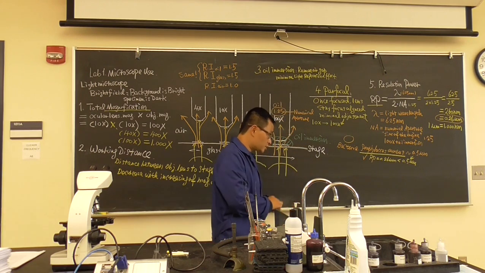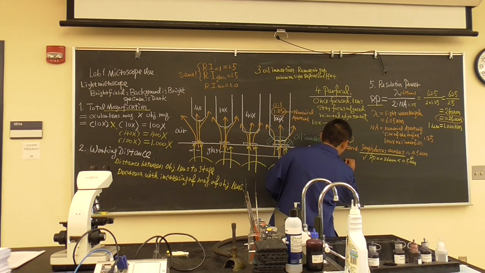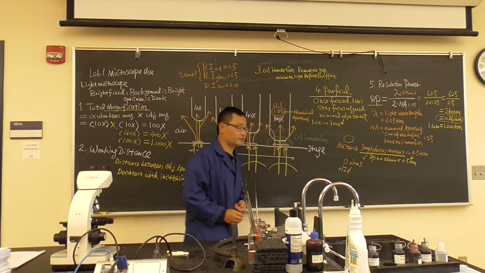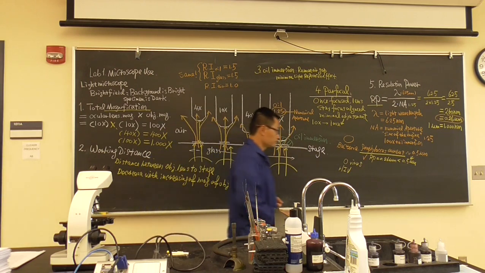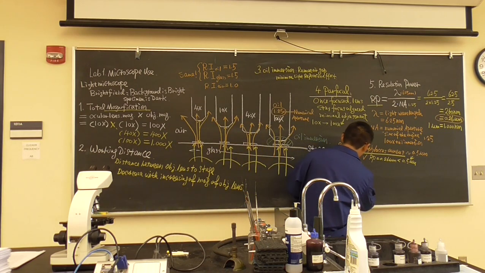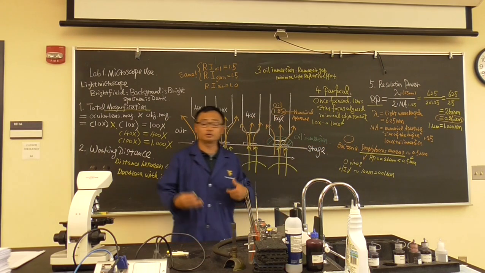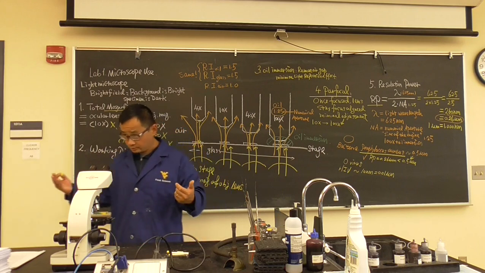So I have another question for you. How about a virus? Let's say an HIV virus. What is the average size of an HIV virus? It will be only 10 nanometer. What is that? 0.01 micrometer. Can we use a light field microscope to observe a virus?